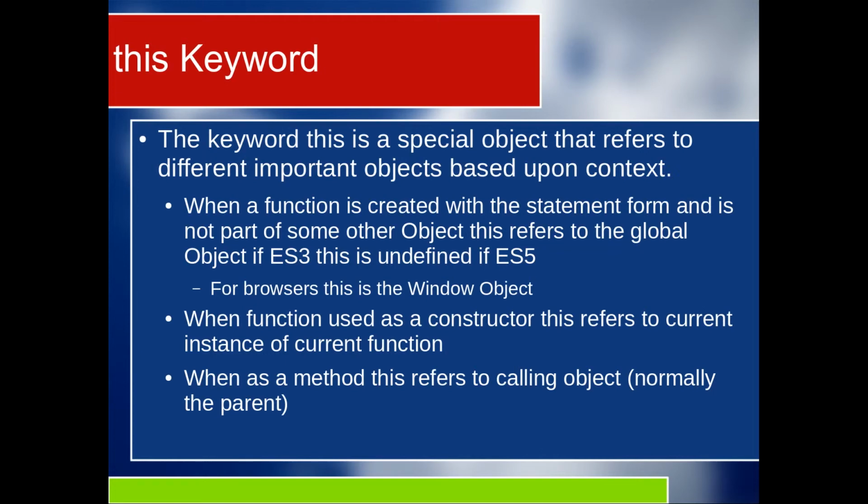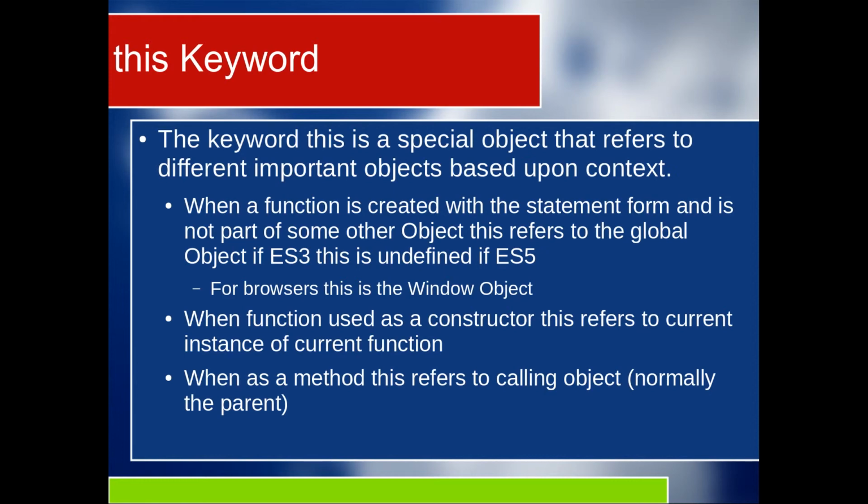But when you use the method form of invocation, what you're going to get with the this keyword is a reference to the calling object, normally the parent. So with that, I think we pretty much covered what we can do on functions without discussing objects.